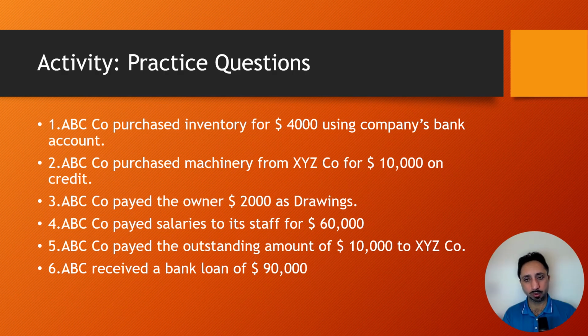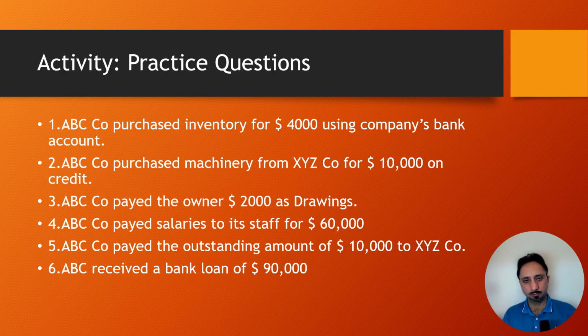That is called drawings. So it is opposite to investment. In investment, the owners are putting their money into the business. Drawings is when they are withdrawing money from their business. So when drawings happen, there is decrease in the value of capital. And whenever there is decrease in the value of capital, it has to be debited according to rule number 3.